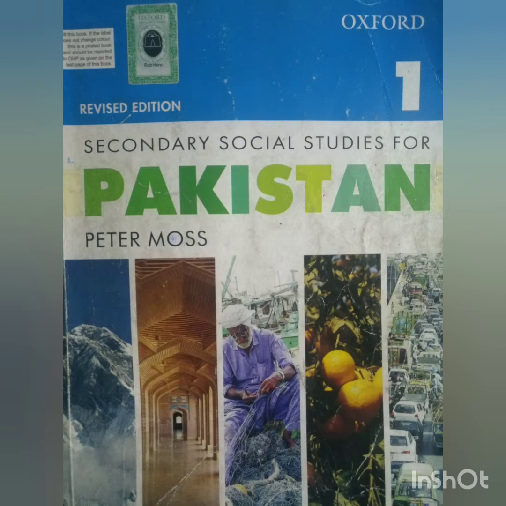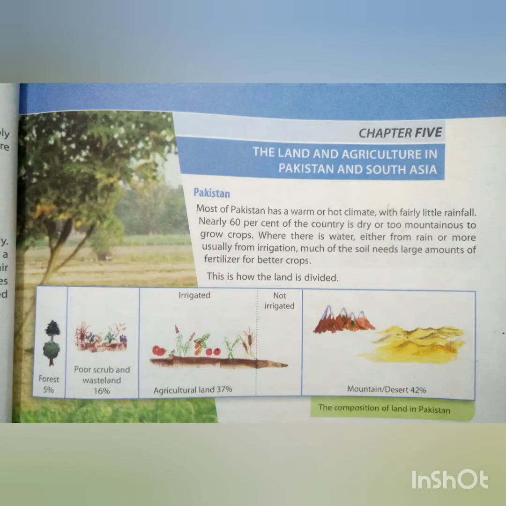As you know, our revision week is going on, so today we are going to revise chapter number 5 of geography, that is the land and agriculture in Pakistan and South Asia. As we've already read, Pakistan has a warm or very hot climate with fairly little rainfall.